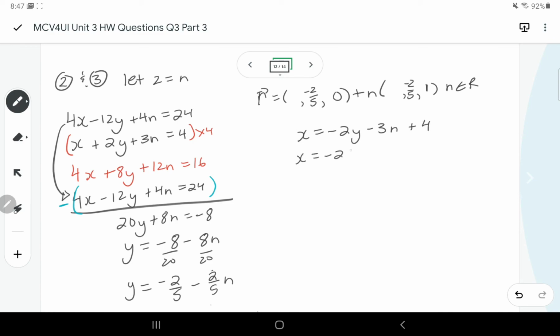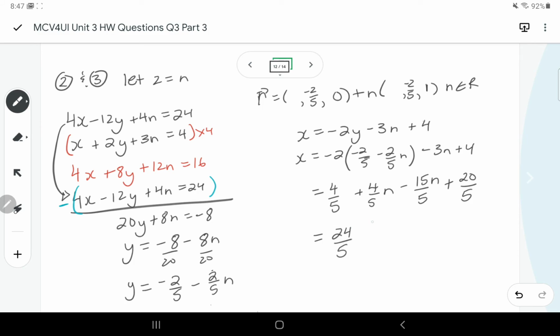So x equals negative 2 times negative 2 over 5 minus 2 over 5n, minus 3n plus 4. So that's 4 over 5 plus 4 over 5n. And I'm going to get a common denominator and say that's 15 over 5n plus 20 over 5. So 24 over 5 minus 11 over 5n.